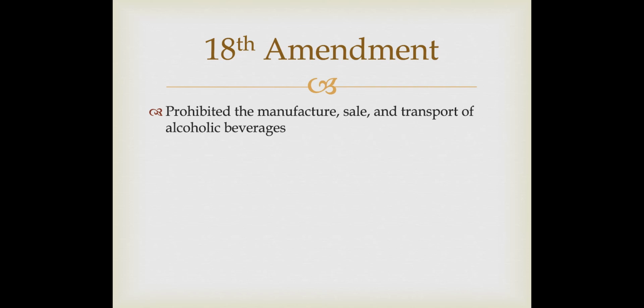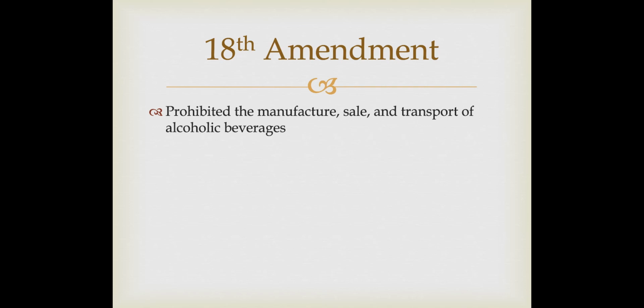Does it say anything about making it illegal to drink it? No. But if it can't be made or sold, it makes it very hard to consume, or that was the idea. When we talk about prohibition in the next unit, we'll go into more detail about the impact prohibition is going to have on our country.